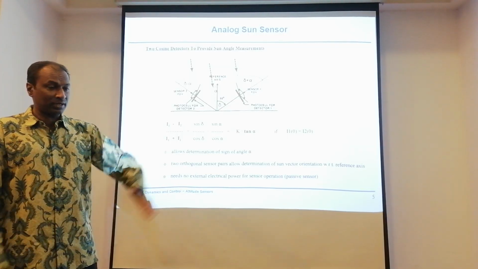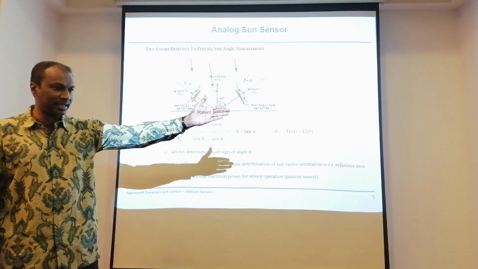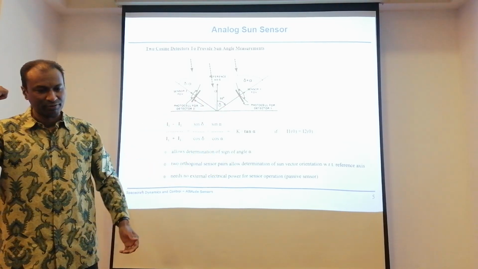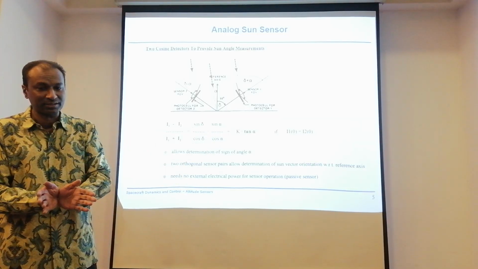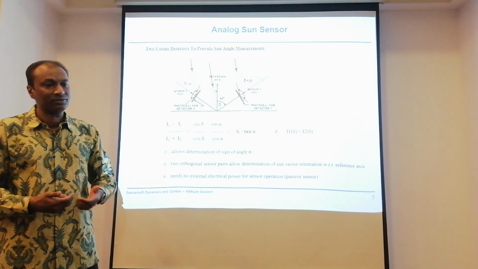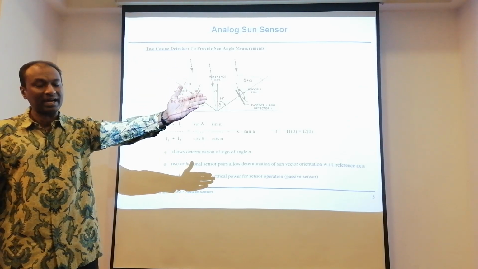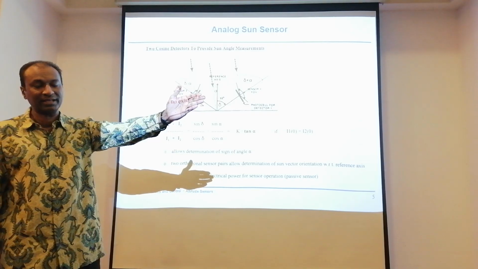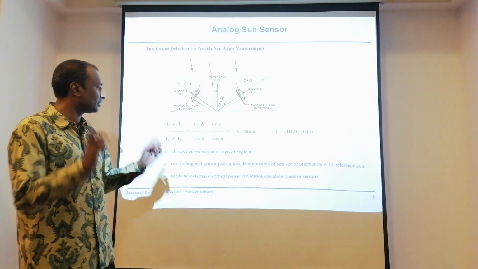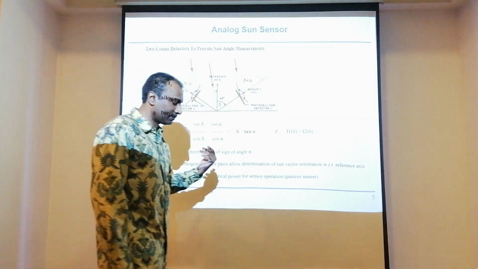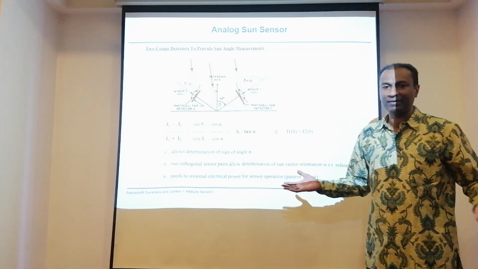So that means, assume you are looking at, let's say, Z, and the sun is at the back of you. Technically, you can have these two photocells looking at the sun. You run the algorithm, and I can tell you exactly how much my negative Z is deviated with respect to the actual origin. So that gives you the alpha. That is easy to find. So you must have two. Again, it works only in the sun phase. In the eclipse phase, you can't have this.